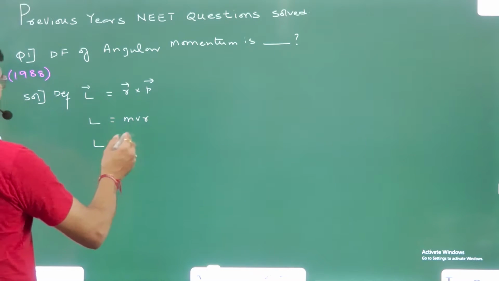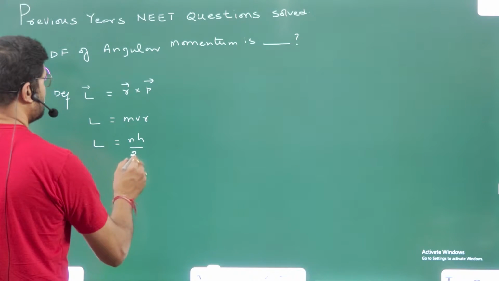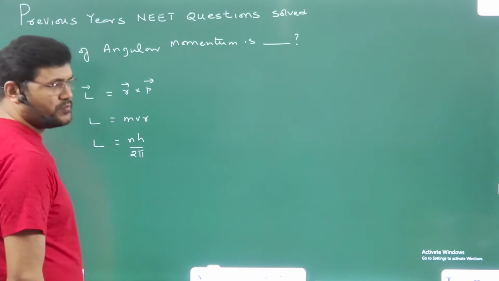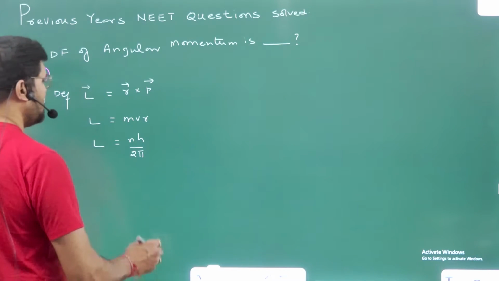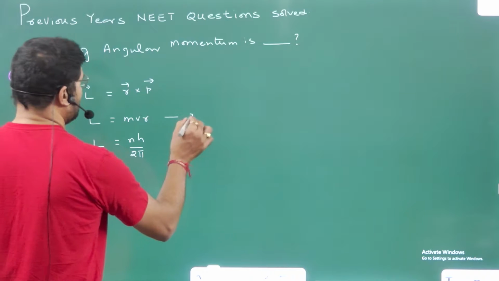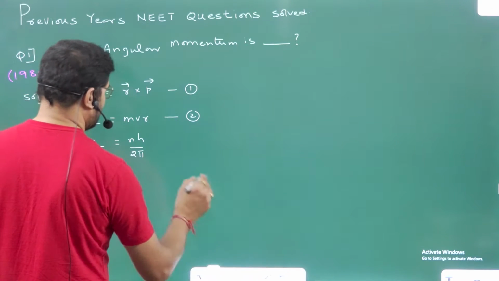It can also be given as mvr. From Bohr stationary orbit condition, we also know it is nh by 2 pi. So we have three different formulae. Out of this, to give the dimensional formula, I am picking the second one.